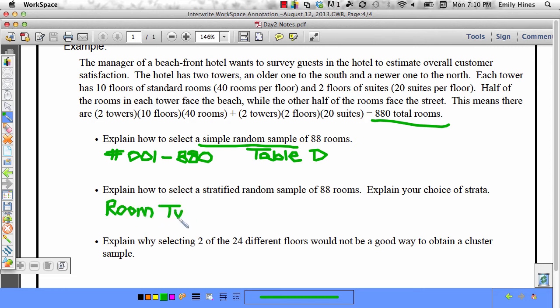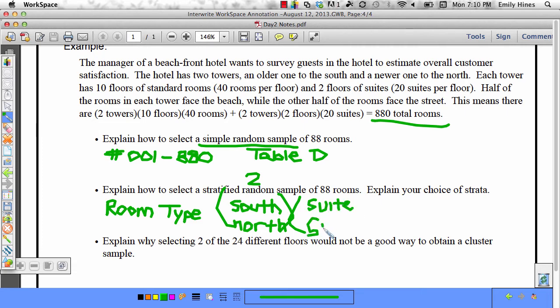There are 8 different room types because there's the south and the north. So there's 2 towers, and in each tower there are 2 types of rooms, suites and standard.